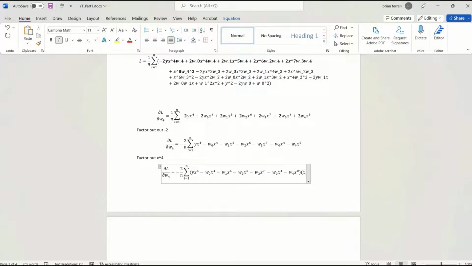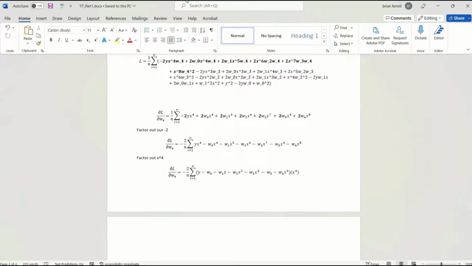So if we factor out x to the power of 4, then that goes away, that goes away, that becomes just x, this becomes x to the power of 2, x to the power of 3, that goes away, and that becomes x to the power of 4. Let's see if we have this correct.